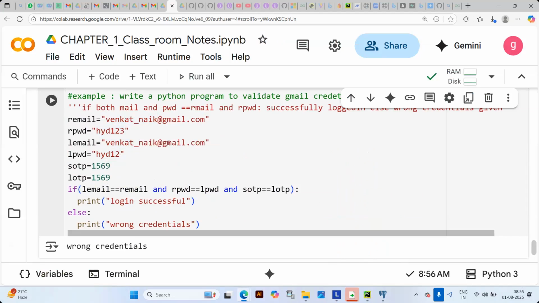Then again wrong credentials. Now the password is correct, but I'll make the OTP wrong intentionally. So again it will be wrong. When it is going to be true, all have to be correct. Now all are correct, therefore login successful. Are you clear, everybody?